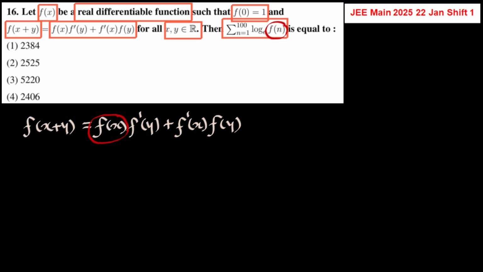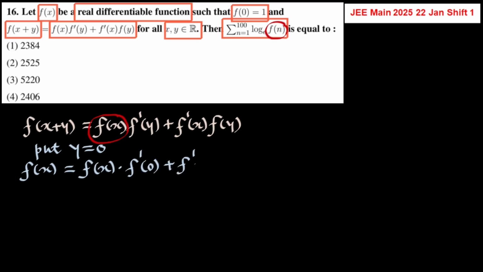For that we will put y equals 0. So f of x will be f of x into f dash 0 plus f dash x into f of 0. Now in order to get f of x, we have to find this f dash of 0. For that we will put both x and y equals 0 in this expression.